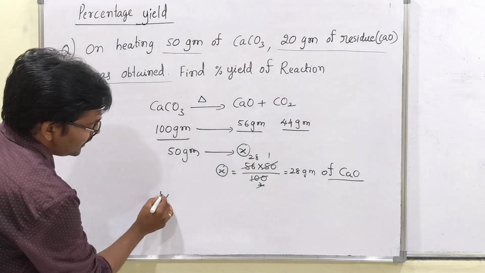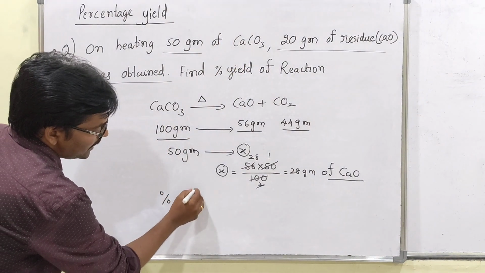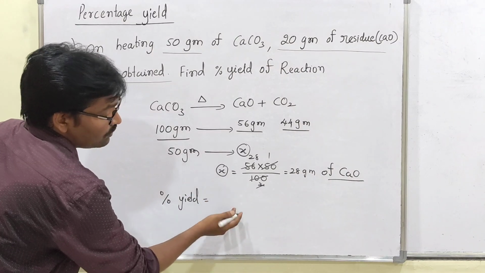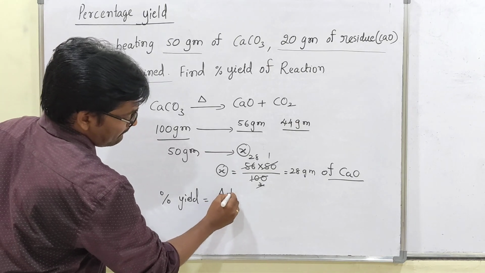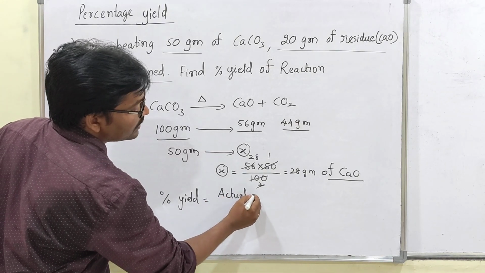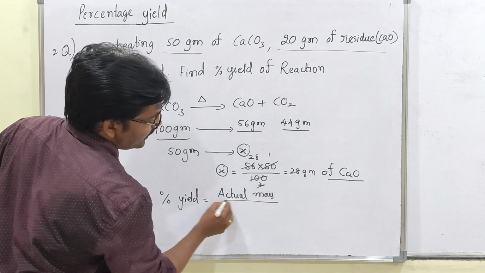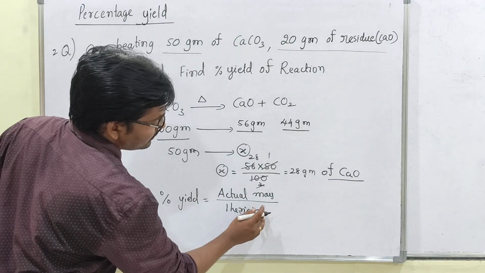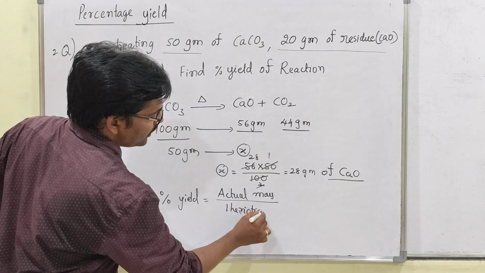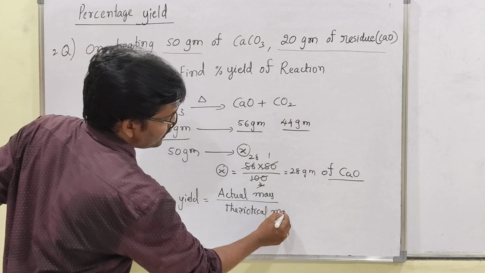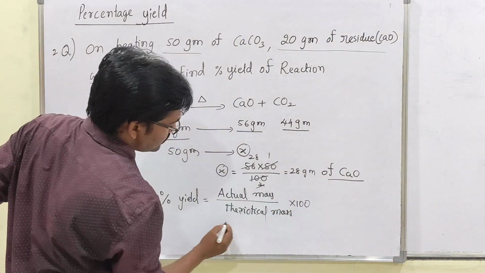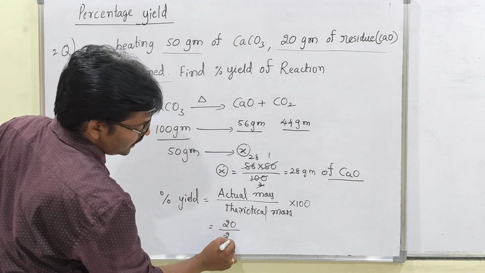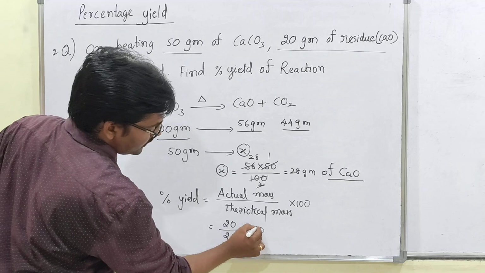So percentage yield equals what I told the formula: actual mass divided by theoretical mass into 100, right? So actual mass how much is there? 20, then theoretical mass 28, then into 100.